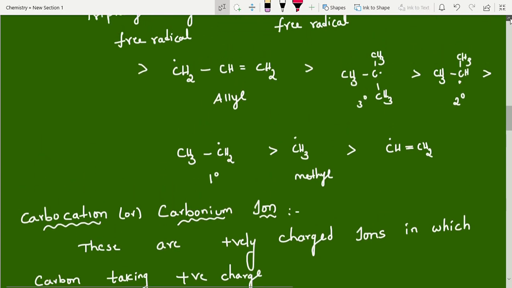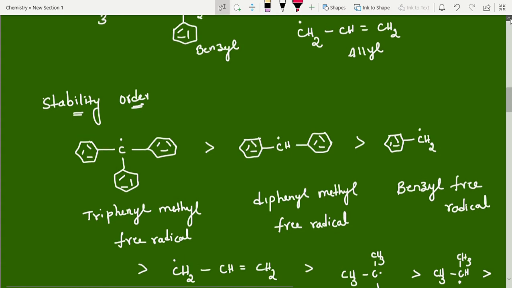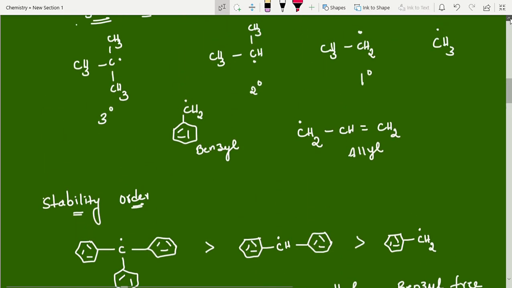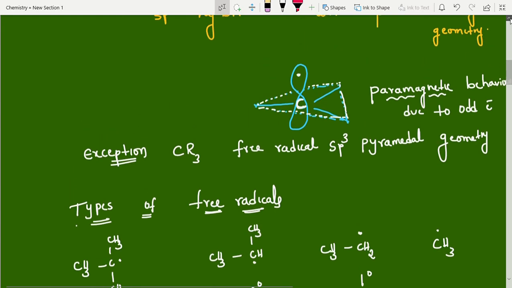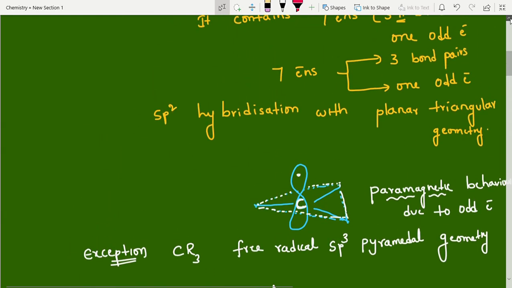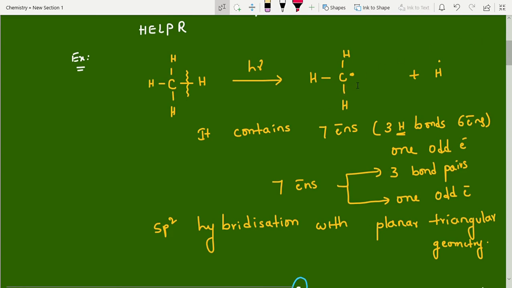Afterwards we are going to discuss types also, and stability order also. After cleavage we have got the free radical.